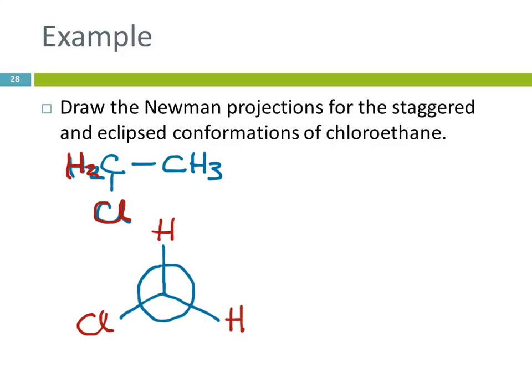Let's draw the staggered one first. We'll use green for the other carbon's hydrogens. So if we're going to do the staggered, then the other carbon is going to be coming out here, and it will have 3 hydrogens on it.